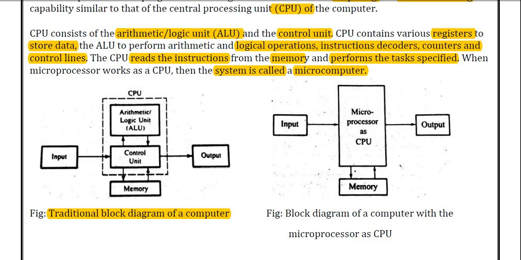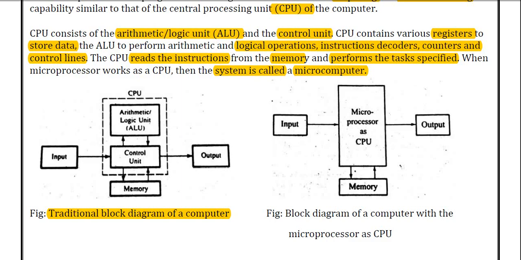Now moving to the next diagram, we can see the microprocessor as CPU, which is the combination of ALU and control unit. In the previous section we have separate ALU and control unit, but here inside the microprocessor we have the ALU and control unit. That's the reason it is known as the microcomputer in this diagram too.